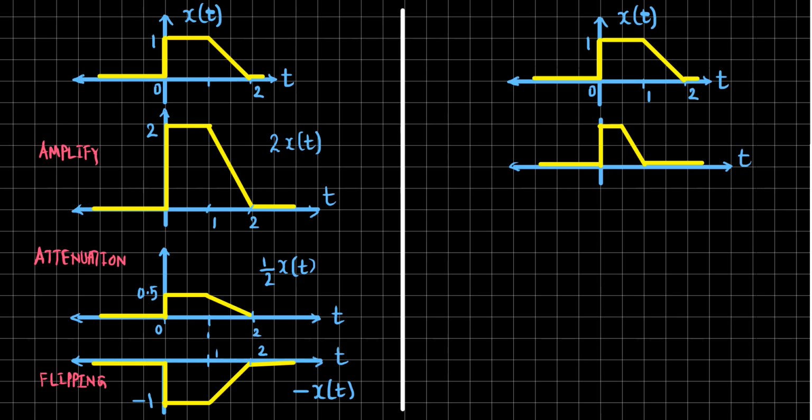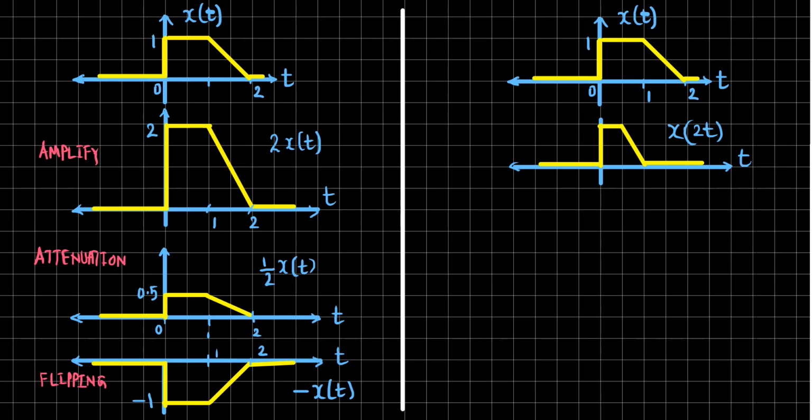This line that was of this much width is being compressed by half a unit. Therefore, this signal can be expressed as x of 2t. What does this indicate? This indicates the compression by a factor of 2.